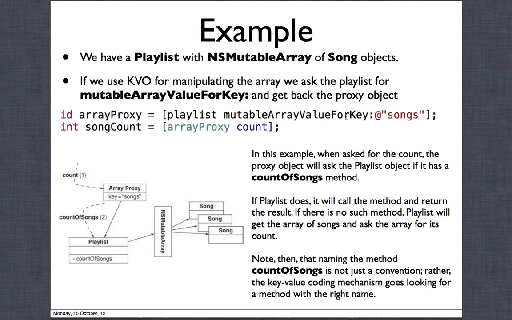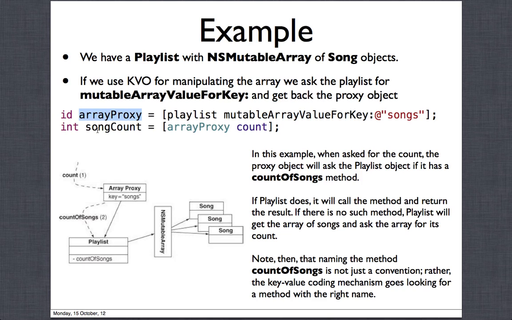And the key is of course the name of the variable. We know that the name is songs. And we get another object in return. We don't get the array itself. We get the array proxy, which is like an agent for that array. And afterwards, if we want to talk to this array, we have to talk to its agent first. And the agent will talk to the array and get something for us.